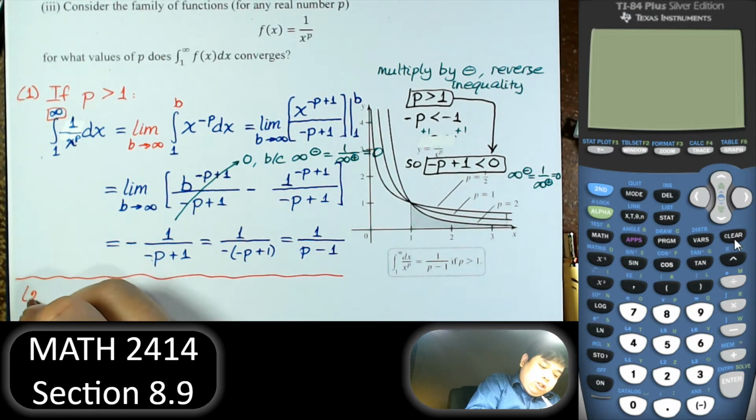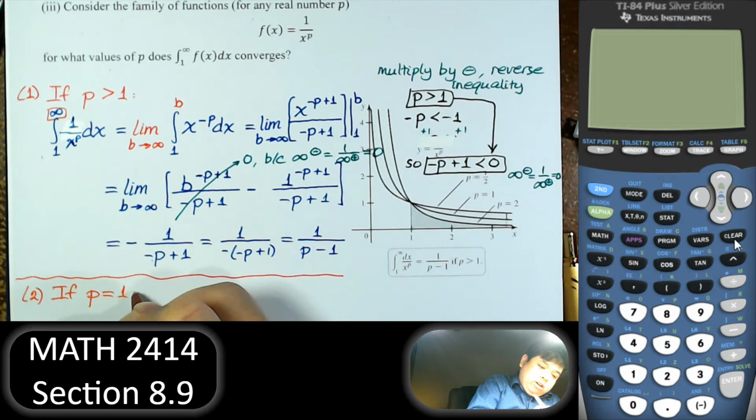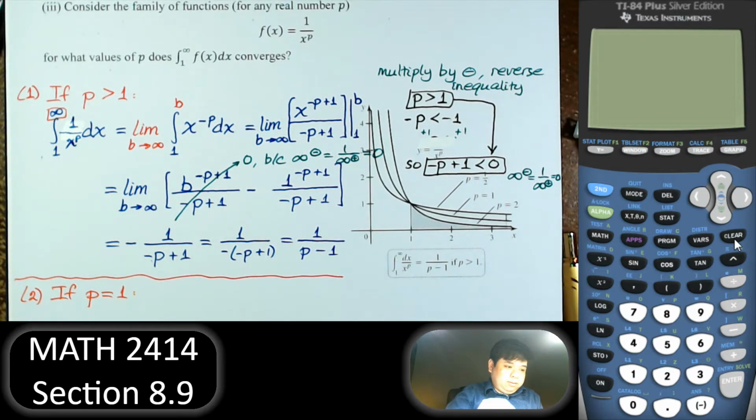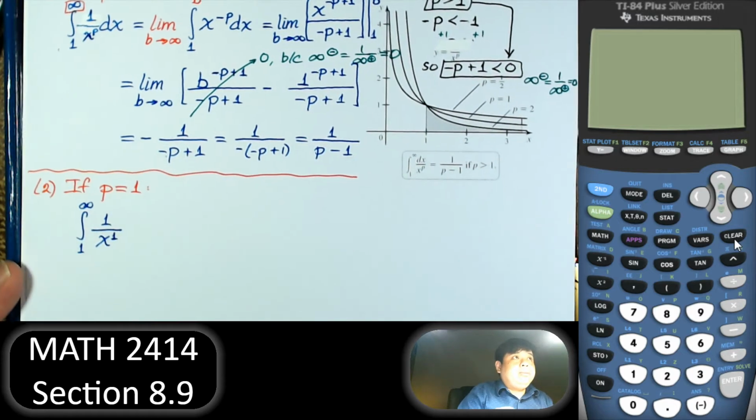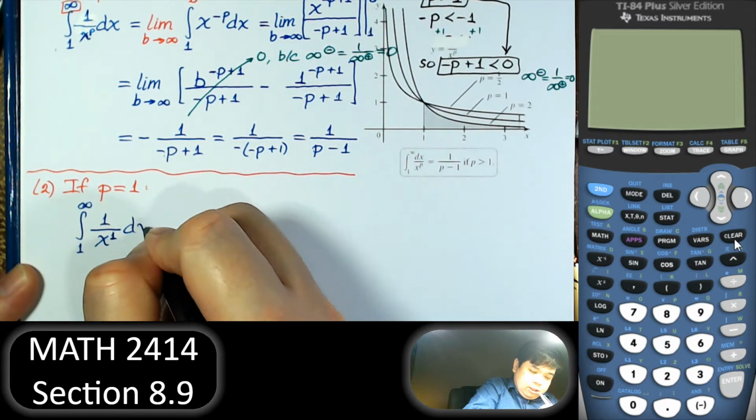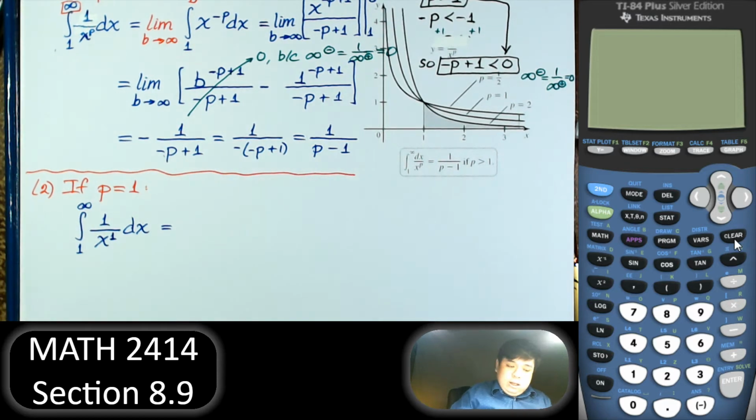Now, case number 2, if p is equal to 1. So we have the integral from 1 to infinity of 1 over x to the first power, because p is 1, dx. I will change the limit.